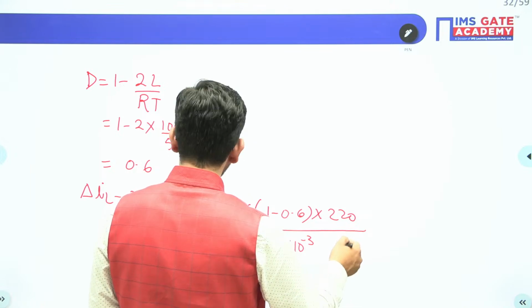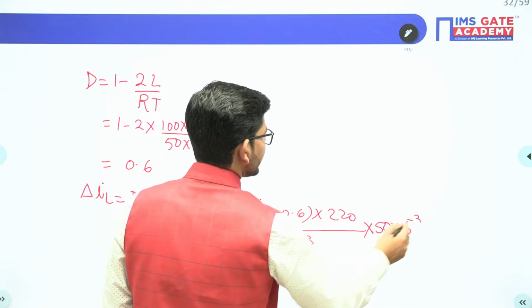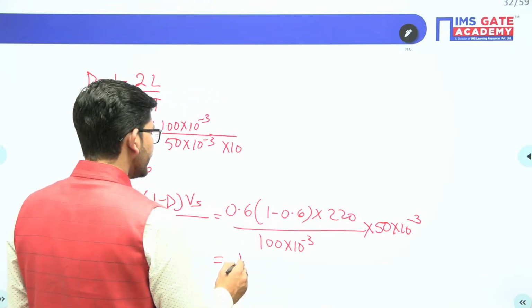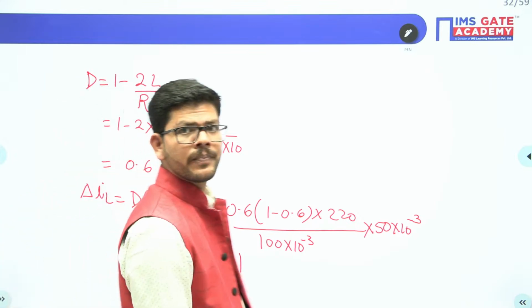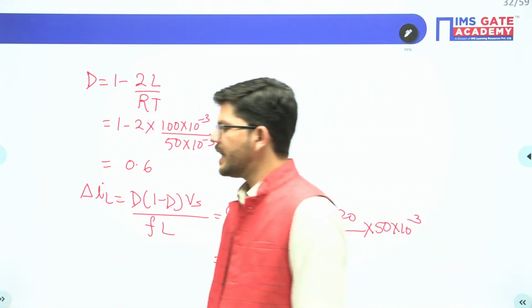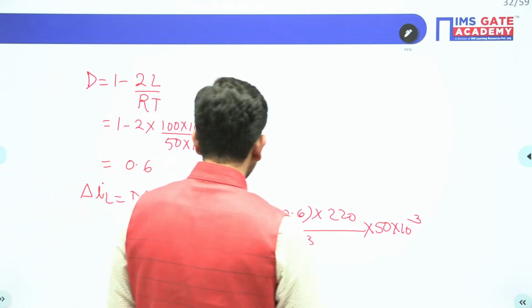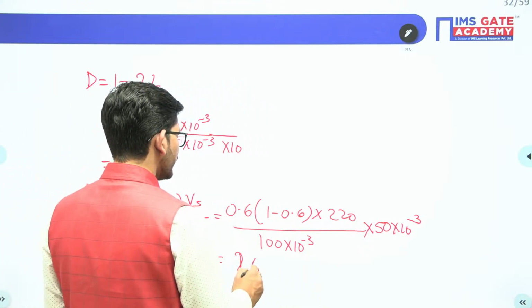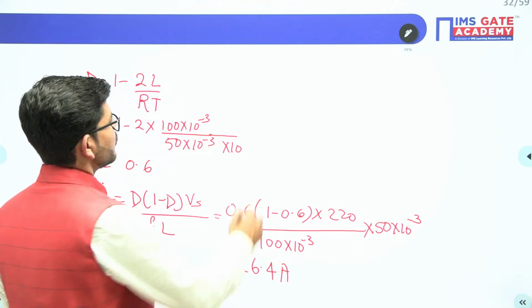And T, 1 by F is T, so we can put the value of T, which is 50 milliseconds here. So from here you will get the value of del IL to be equals to what? What will be the value of del IL, guys? 26.4. This will be the del IL, 26.4.